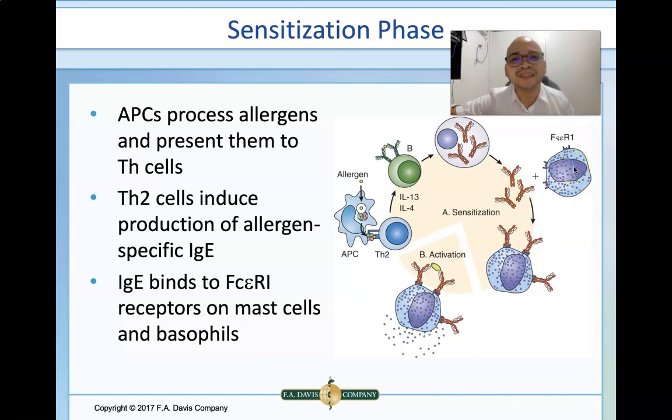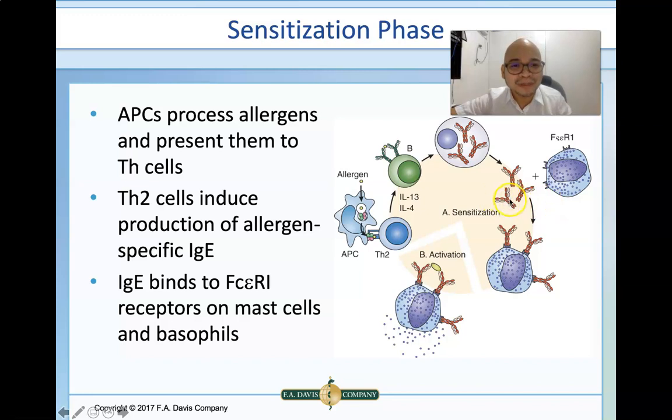They are highly granulated cells, and during the sensitization phase, the mast cells would have the so-called Fc epsilon R1. The Fc epsilon R1 is the receptor site for the Fc part of the IgE.